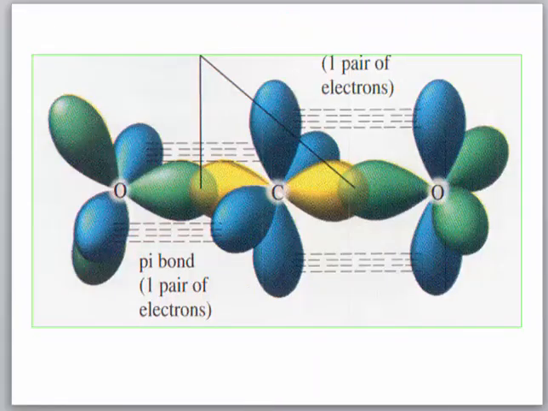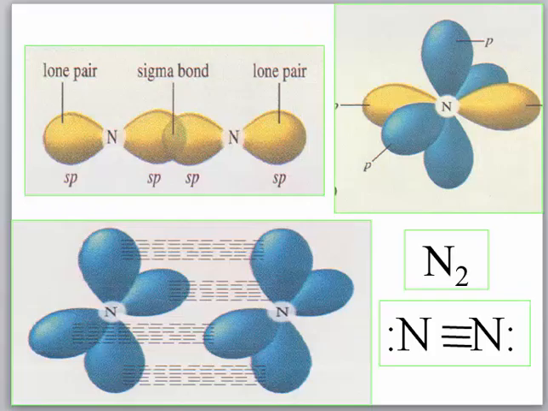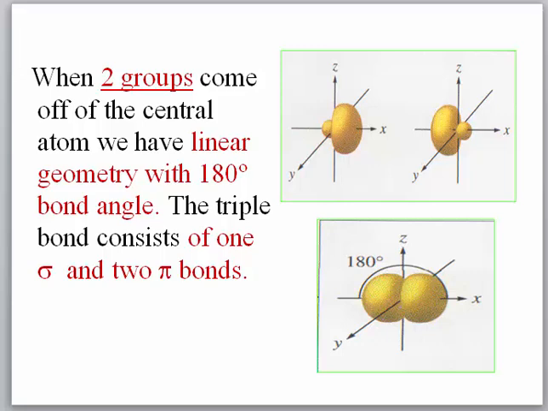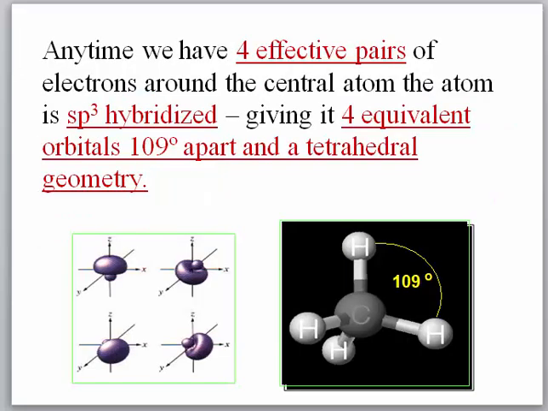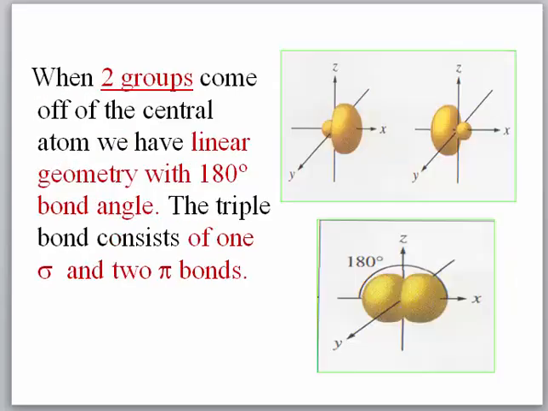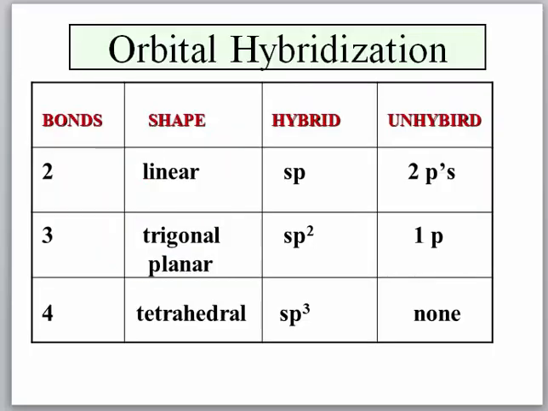Either 2 double bonds or a triple bond. So 2 groups, 180-degree, sp hybridization, 1 sigma, 2 pi. So 4 effective pairs was your sp3, 3 effective pairs was your sp2, and 2 effective pairs was your sp. So it really just boils down to that, and you should be able to answer hybridization questions.